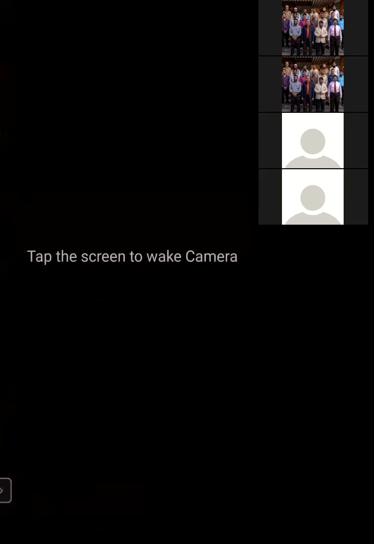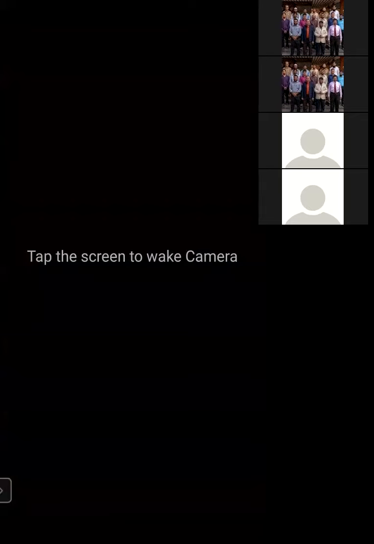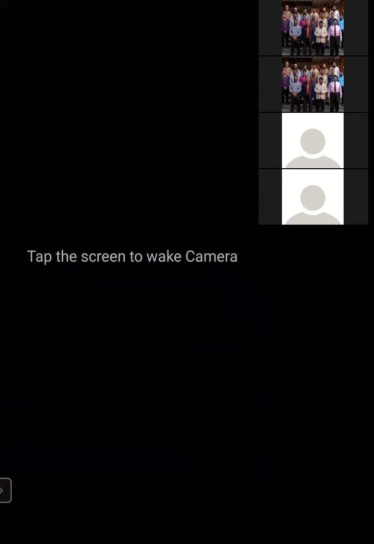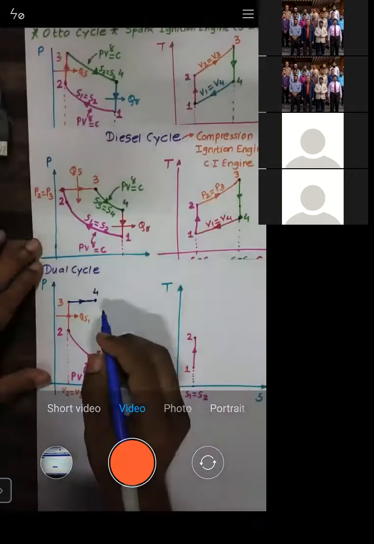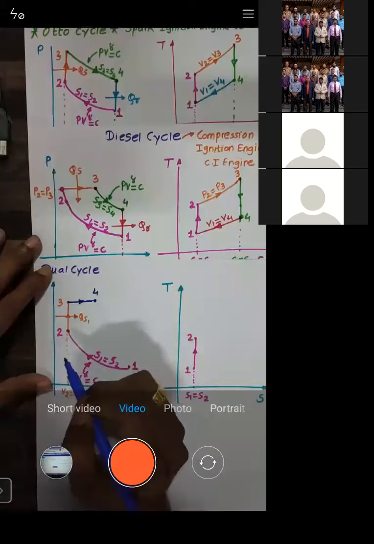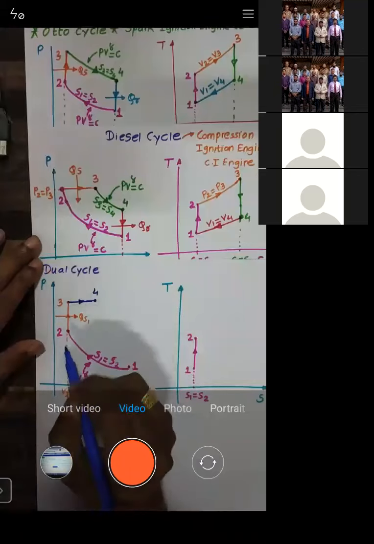So now I will add the heat at a constant pressure. So let us add the heat at a constant pressure now. This point is 3 to 4. See, all of you, initially I have added the heat at a constant volume, then I added the heat at a constant pressure.